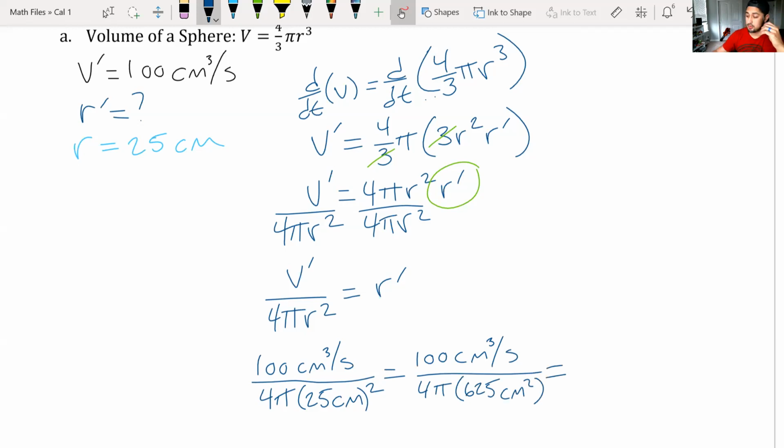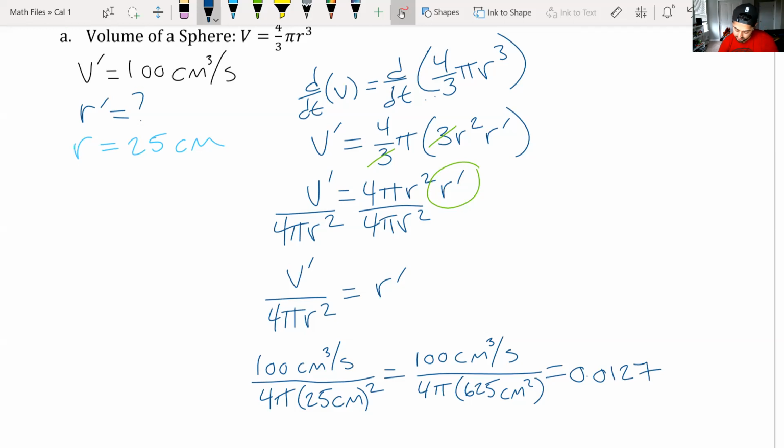Type this in your calculator. Let me see, fraction. And when you type this in, you should get 0.0127.